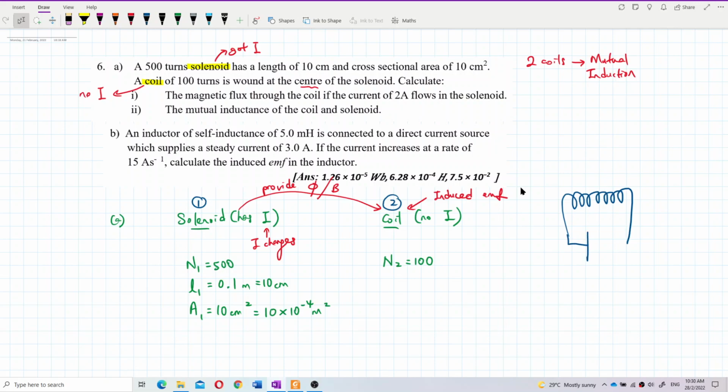Initially it has the current, with a variable resistor and a battery, so it has current and therefore a magnetic field.